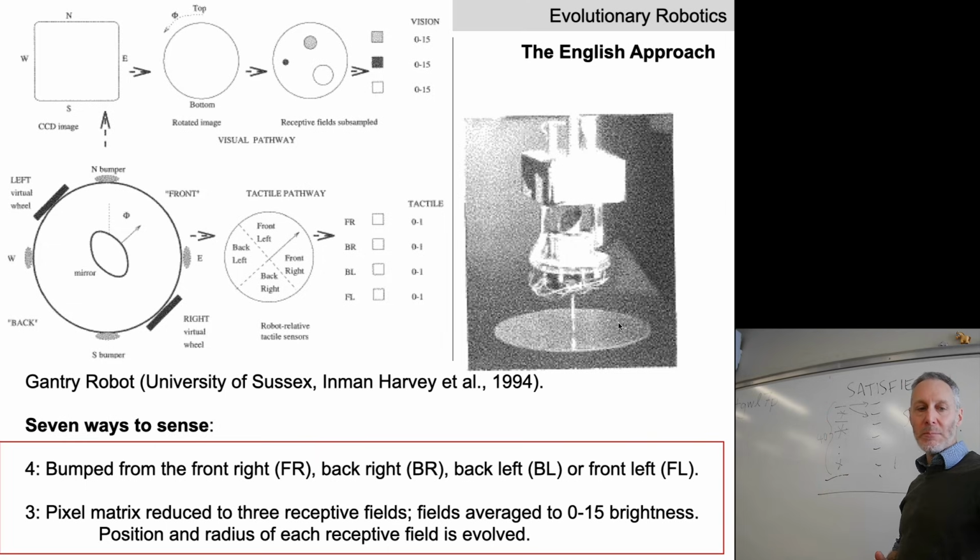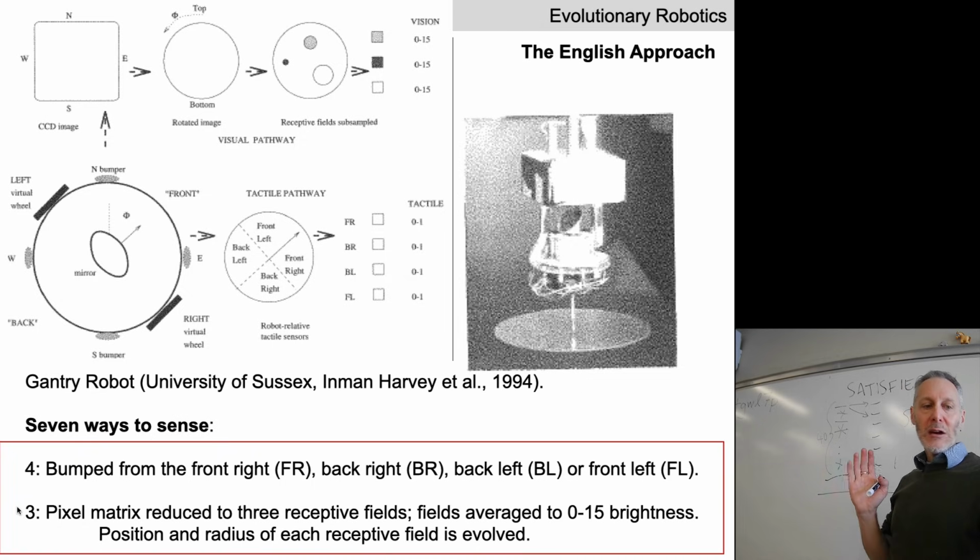Did the disc just get bumped from front right, back right, back left, or front left? Again, they're using early 90s technology, so they're simplifying the sensors, the values that can arrive. So for our purposes, I want you to think now about 4 sensors or 4 sensor neurons. At every moment in time when the gantry robot is running, those 4 sensor values have a value of either 0 or 1. They indicate whether or not the robot got bumped from that respective direction. So far, so good?